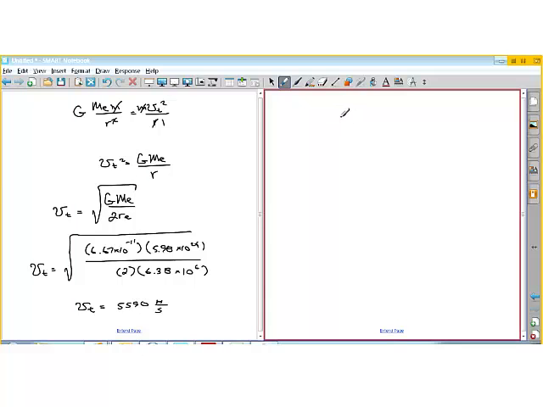Well, think about this. Period T is revolutions per minute, or you could say revolutions per second, something like that. Or it's actually seconds per revolution.